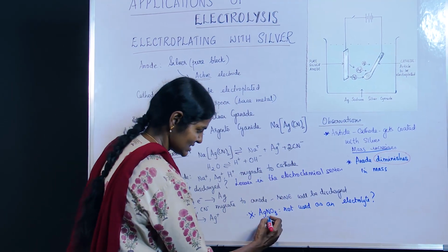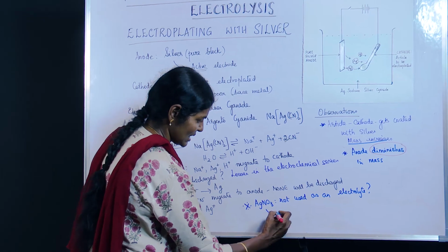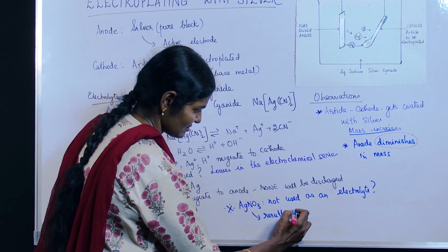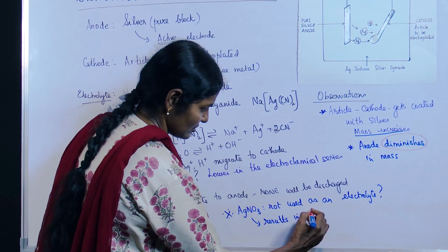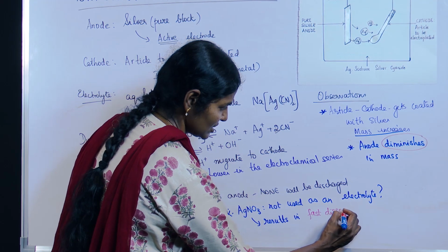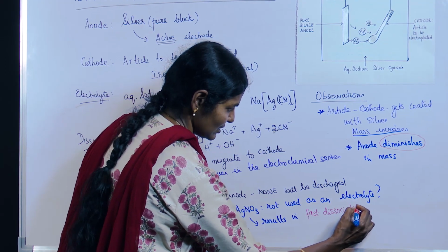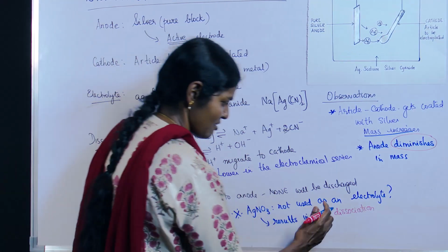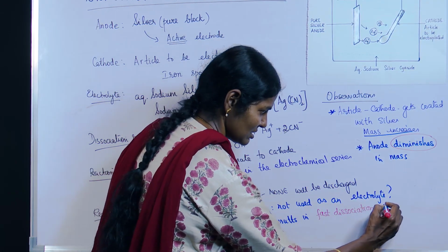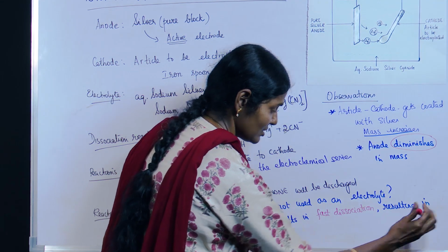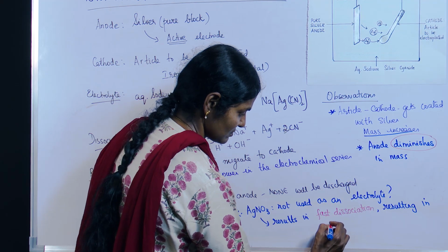This silver nitrate, when we use it, results in fast dissociation. Very fast, the dissociation goes very fast. And if the dissociation is very fast, will there be a uniform deposition? No, okay. Fast dissociation results in uneven deposition.